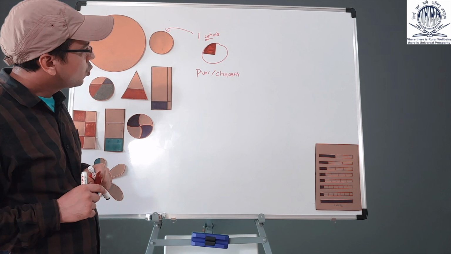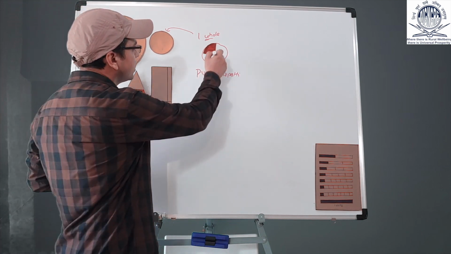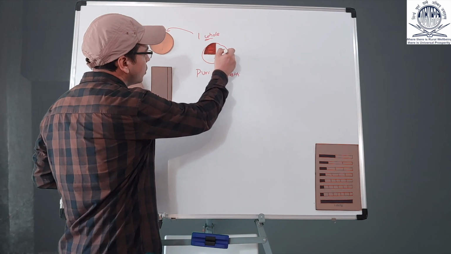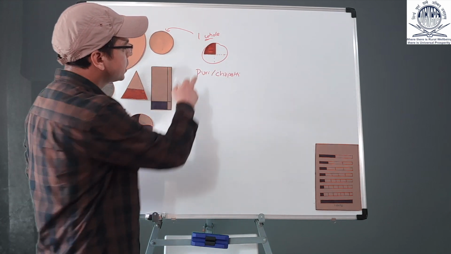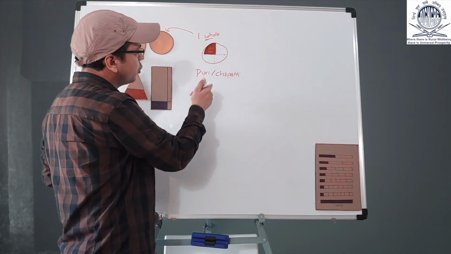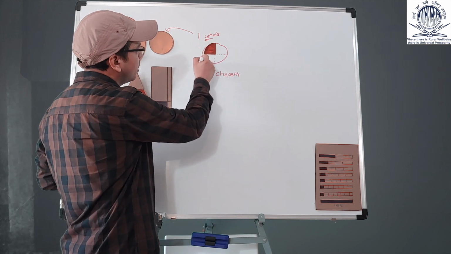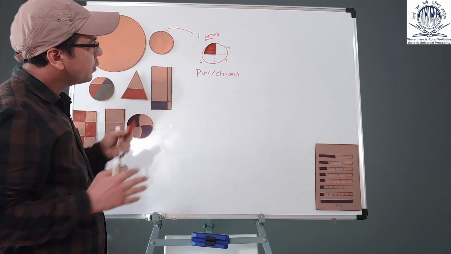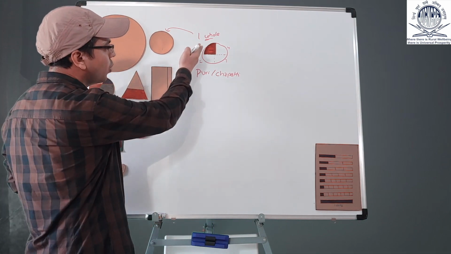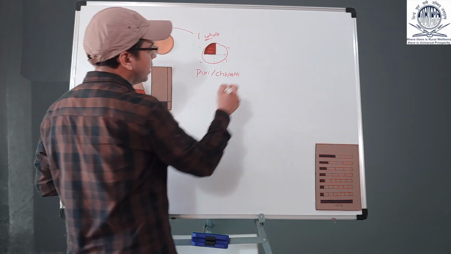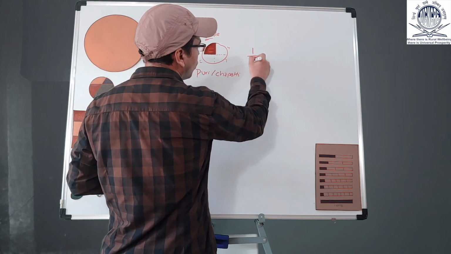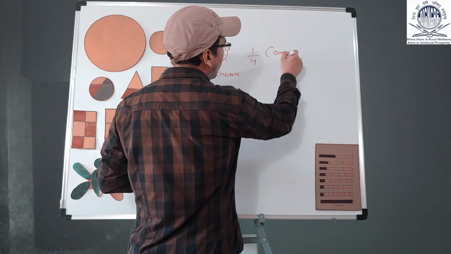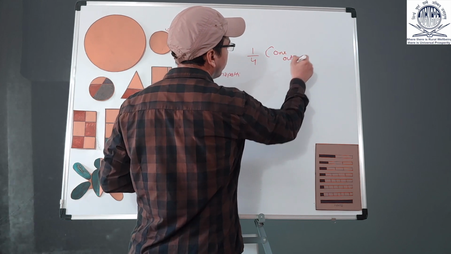Well, I'll divide it this way, and let's see how many parts I have. So this is one part out of a total of 1, 2, 3 and 4 parts. If I'm dividing among 4 friends and giving one part, I'm giving them 1 out of 4, and we write it as 1 out of 4.